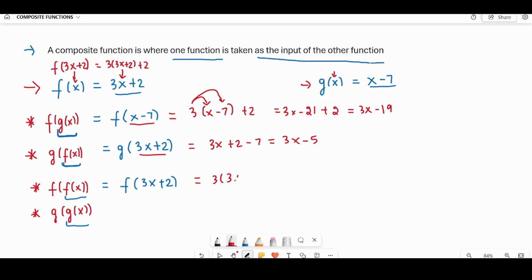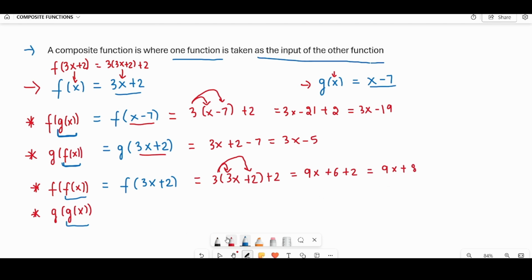So now what would be its value? Let's quickly see that. So using the distributive property, we will get 3 times 3x, that is equal to 9x. Then 3 times 2 equals 6, and outside the parenthesis we have 2. So this will be equal to 9x plus 6 plus 2, that is equal to 9x plus 8.